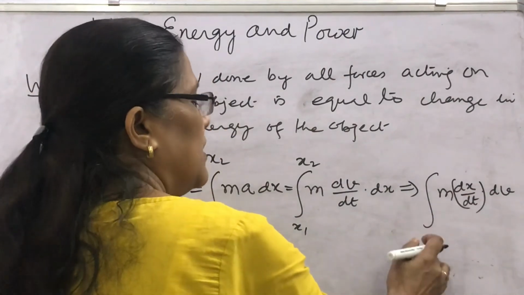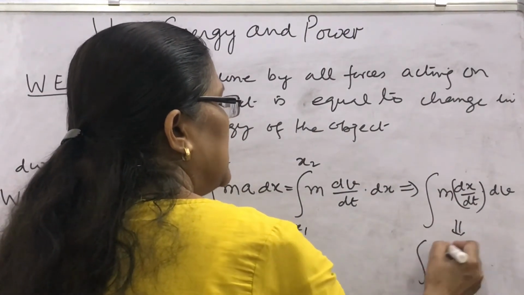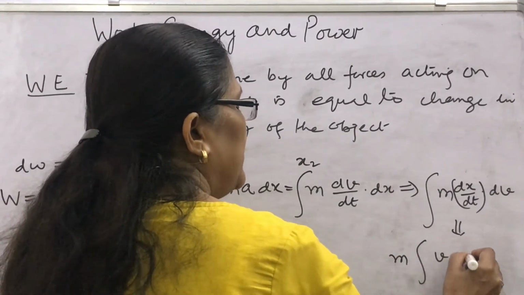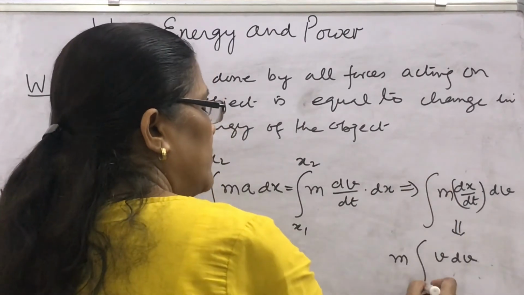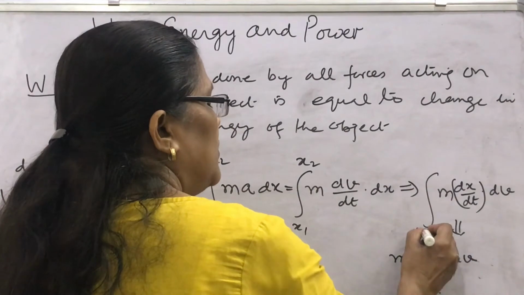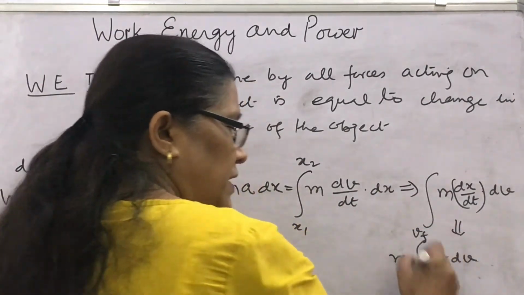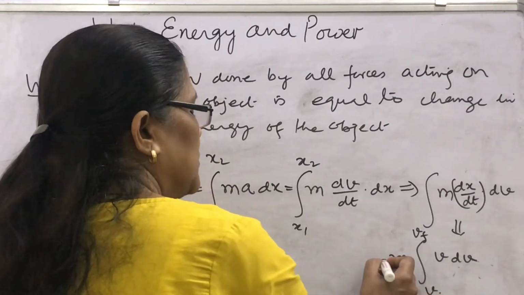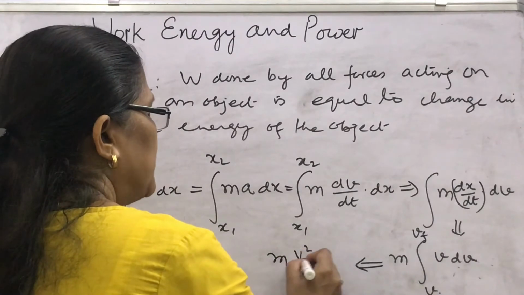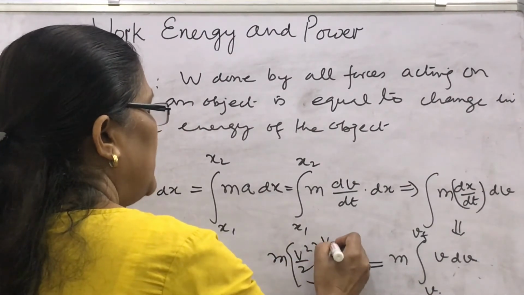What can you write here? This is v. Now you can write this expression with m constant outside the integration sign, integral of v dv. Now the limits will be the limits of velocity, that is v initial to v final. What is the integration of v dv? V square by 2. So finally what will you get? This m v square by 2 with the limits vi to vf.